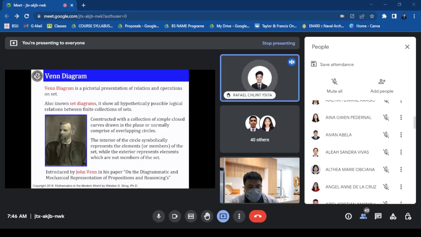The interior of the circle symbolically represents the elements or members of the set, while the exterior represents elements which are not members of the set, introduced by John Venn in his paper on the diagrammatic and mechanical representation of propositions and reasonings.